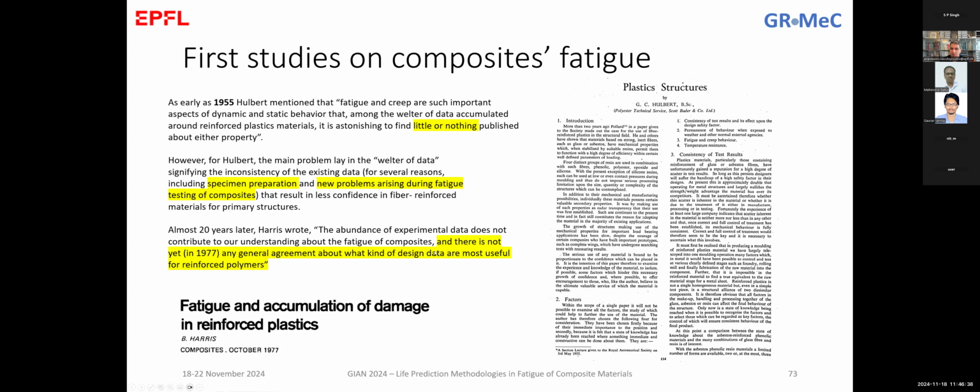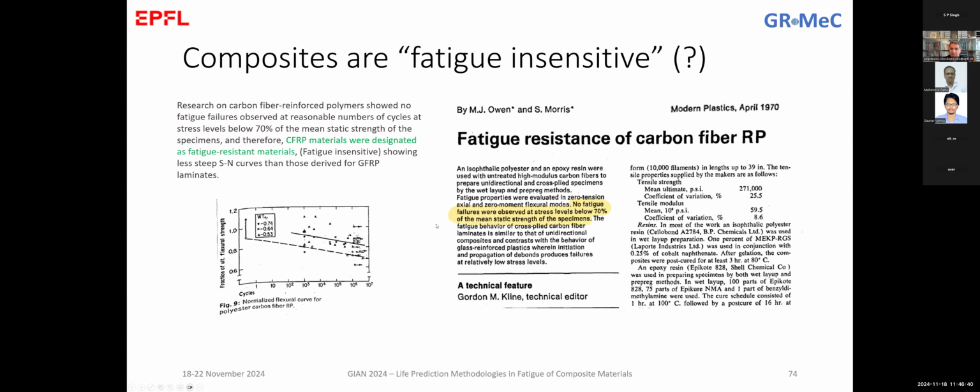In 1977, we saw discussions like this, and later on until today, we are still in more or less the same situation, of course, with much more knowledge than what we had before. This is the discussion that we already did, that composite materials were introduced as fatigue insensitive, although we know today that they are not.